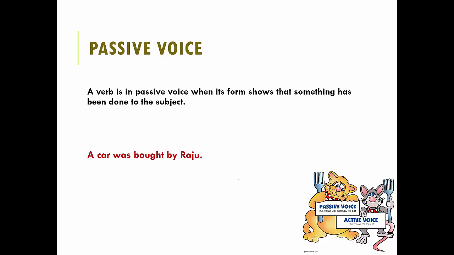The previous slide said Raju bought a car, and here we say a car was bought by Raju. Can you see here, a car was bought by Raju? Here a car is the subject of the sentence and Raju has become the object of the sentence. What has Raju now done? He has bought the car. And therefore, nothing is happening to the subject. The subject is still and Raju has performed the action on the subject.